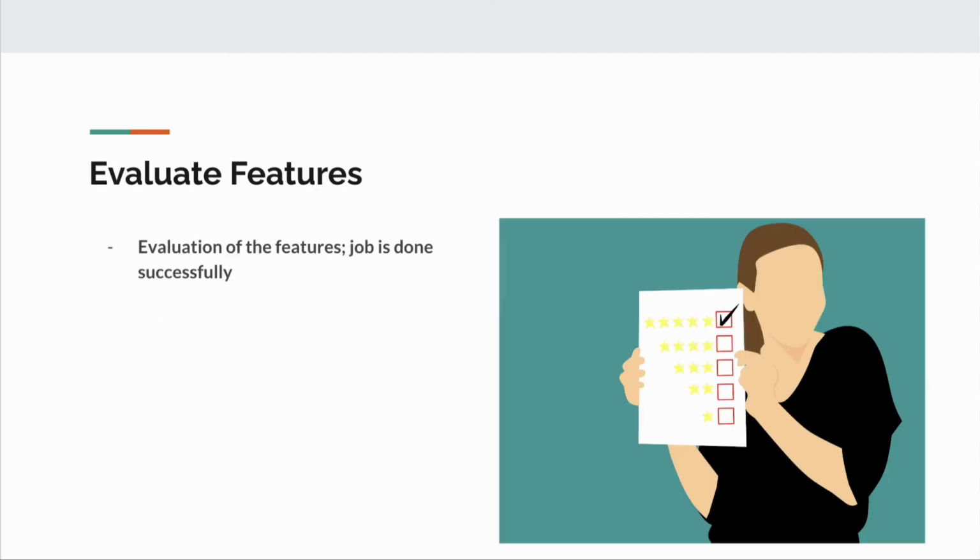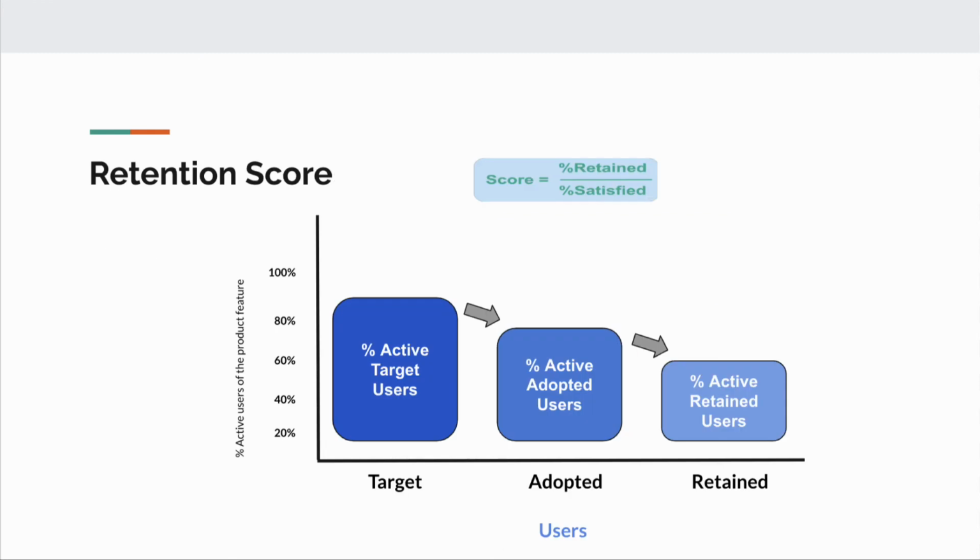So here, the evaluation of the feature: whether the job is done successfully, how it is done, mark it, rank it, meaning the feature is developed in a very good way, the best way as per requirements. And here, you can calculate the retention score, meaning the active users of the product feature: the active target users, active adaptive users, and active retained users. So here you can calculate the score: the percentage of retained users divided by the percentage of satisfied users.